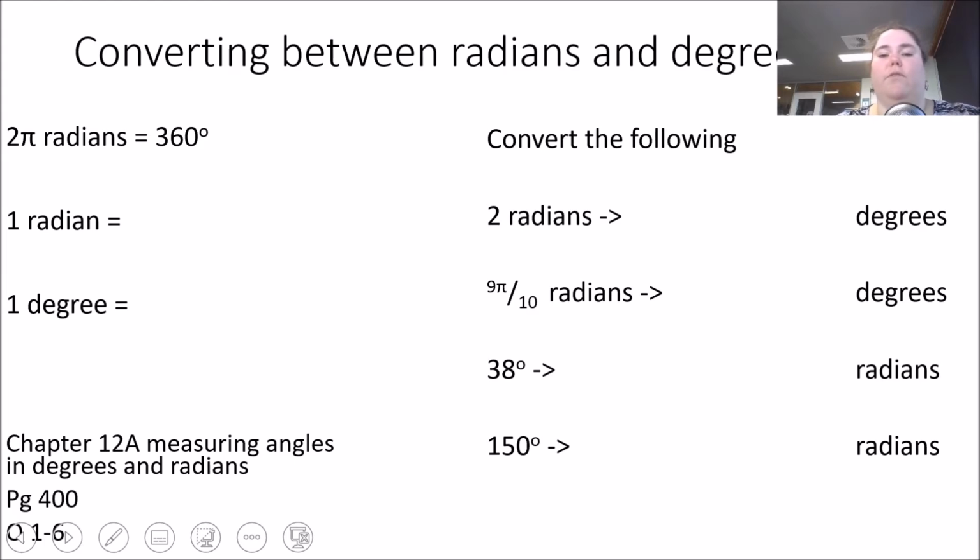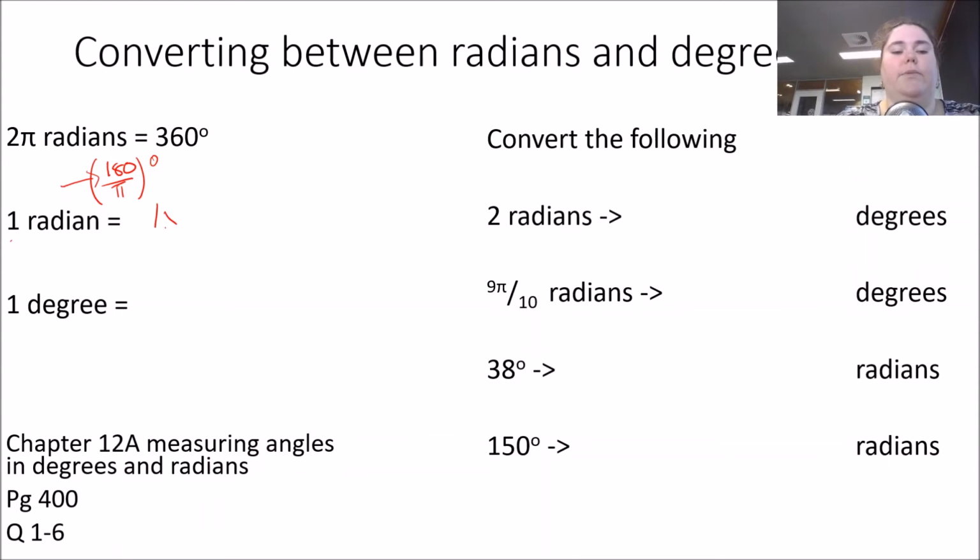So I want to be able to convert between degrees and radians. If I had 1 radian and I wanted to turn it into a degree, well, I know that there is 180 on pi degrees in 1 radian.